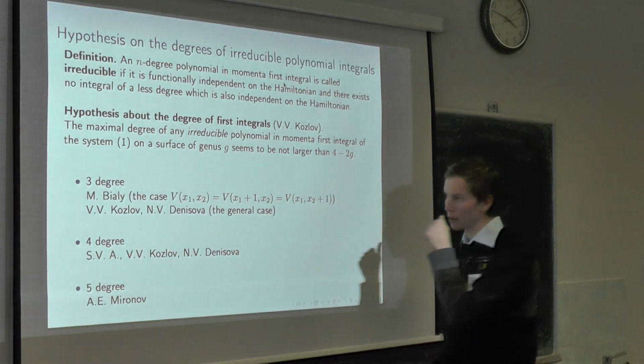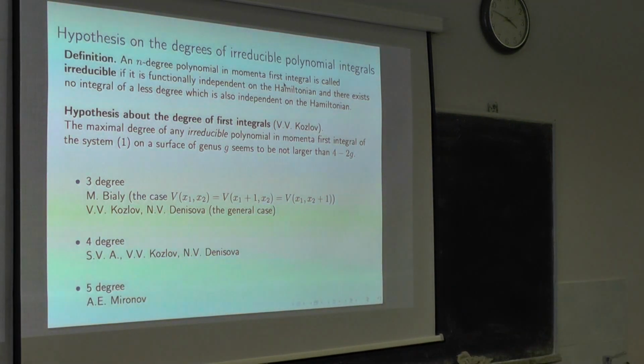If I remember correctly, for the fourth degree, Kozlov and Denisov proved that there are no C3 smooth solutions of the corresponding equations. So yes, there are questions related to smoothness versus analyticity; they are not the same.